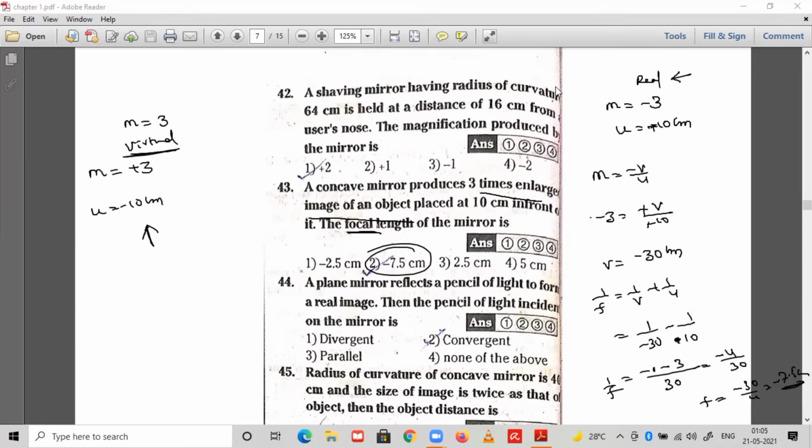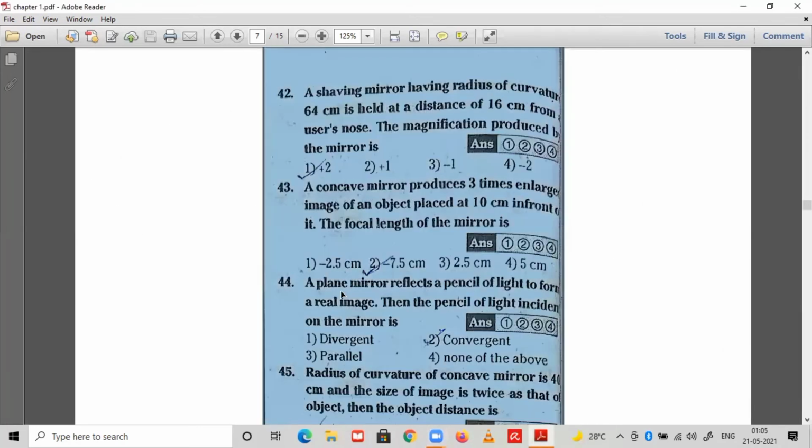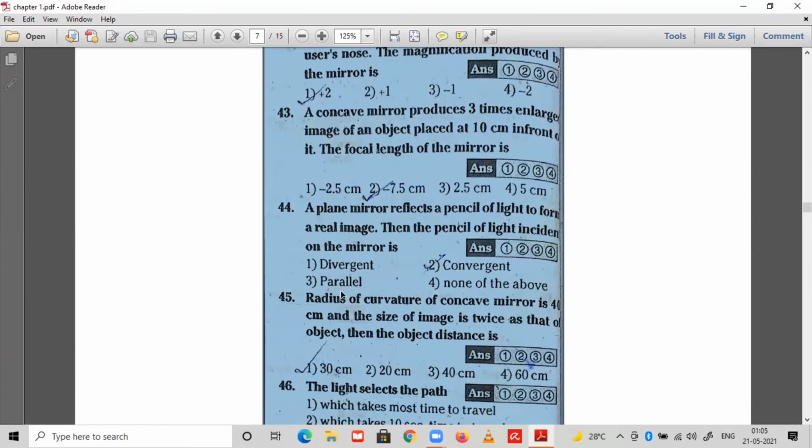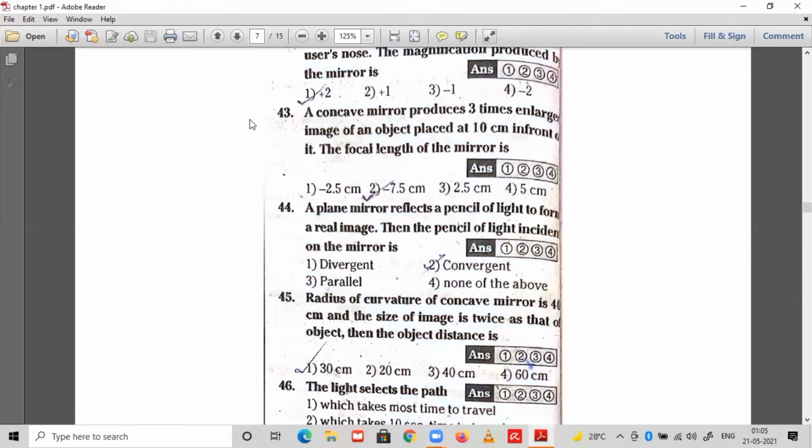Clear? Next, 44. A plane mirror reflects a pencil of light to form a real image. See, look here. Don't consider that a plane mirror will form converging rays. As per the question, it is mentioned that the plane mirror reflects the pencil of light to form the real image.